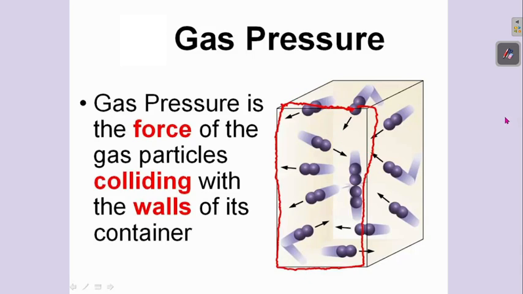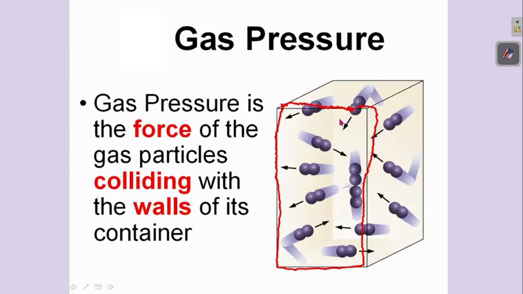When we're doing chemistry, we need to think about pressure a tiny bit differently. Gas pressure, here you have a gas that's a diatomic, it could be oxygen, it could be any other diatomic, like fluorine, is the force of the gas particles colliding with the walls of its container, and also with one another.